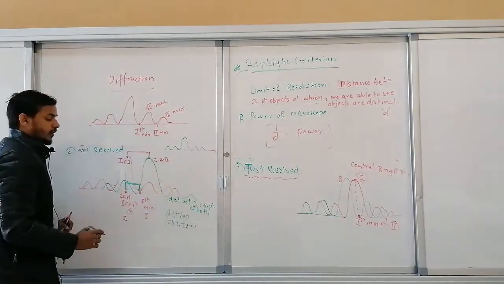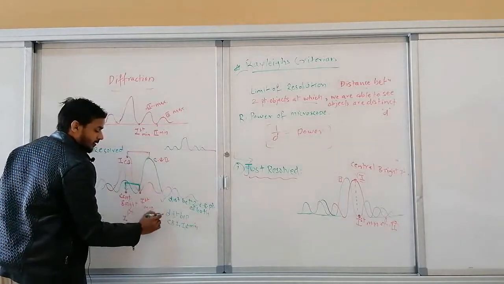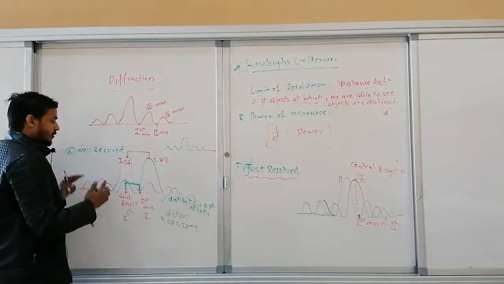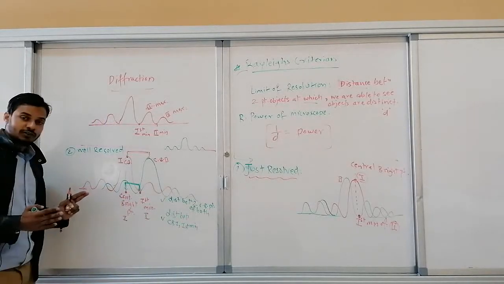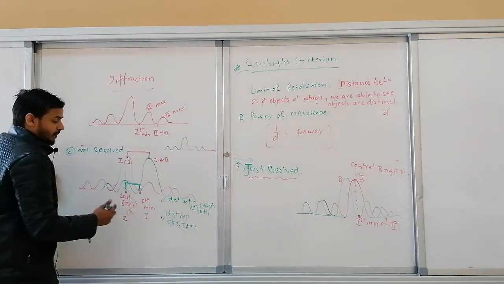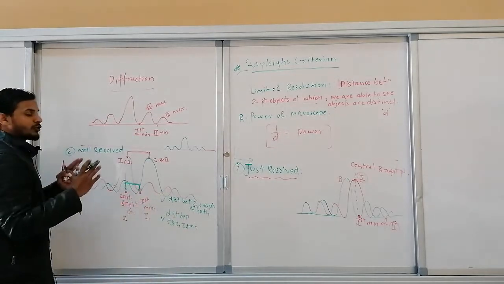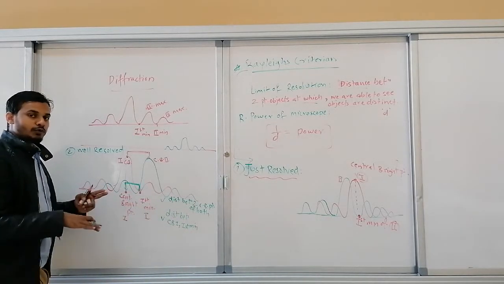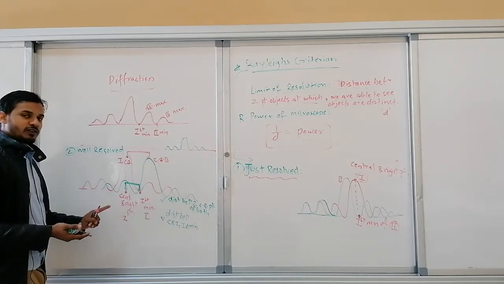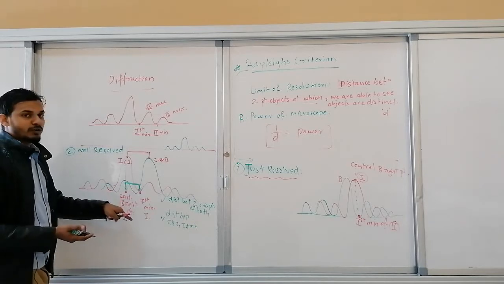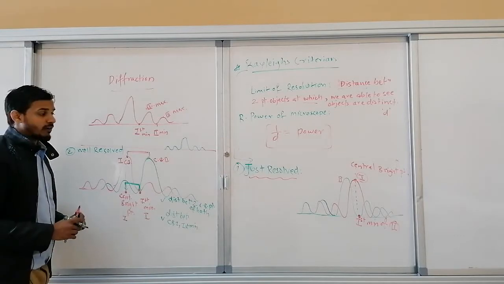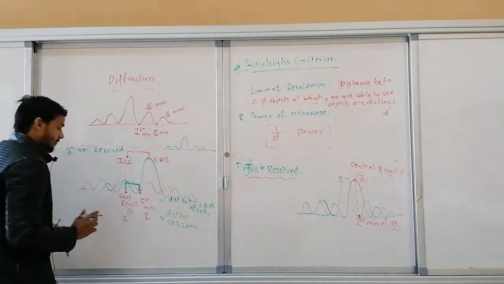If this distance is greater than this distance, then we will say this is well resolved. So speak with me: if the distance between the two central bright points of both waves is greater than the distance between the central bright point of the first wave and the first minimum of the first wave, then it is said to be well resolved.